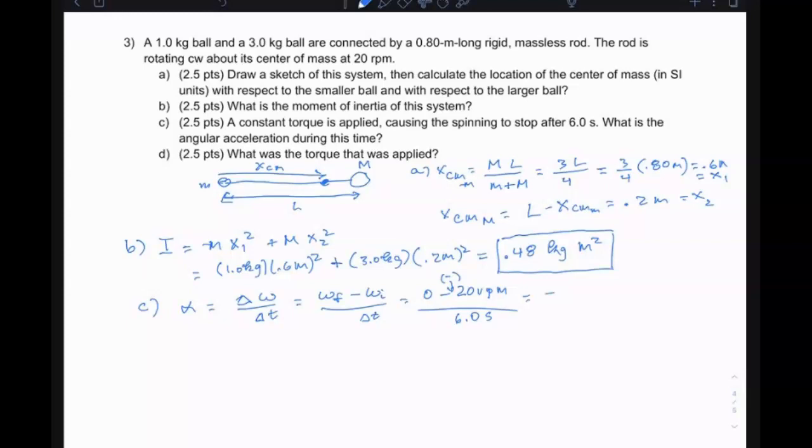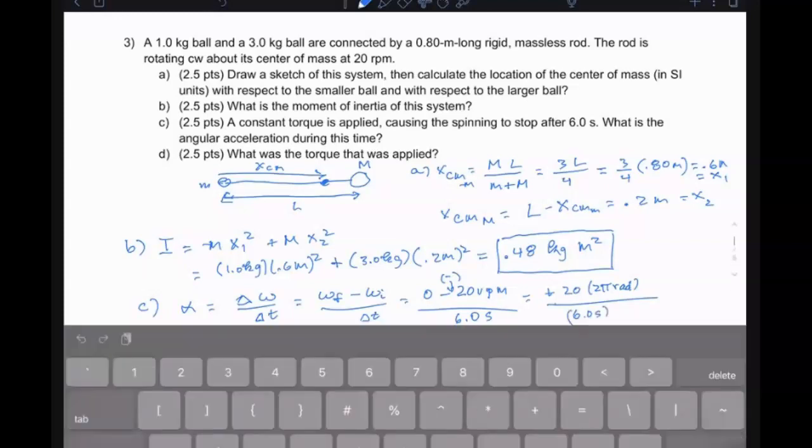So we're having a minus times a minus, so we end up with a plus in the numerator. And this is 20 revolutions, or 2 pi radians, 20 times 2 pi radians, over 6.0 seconds.